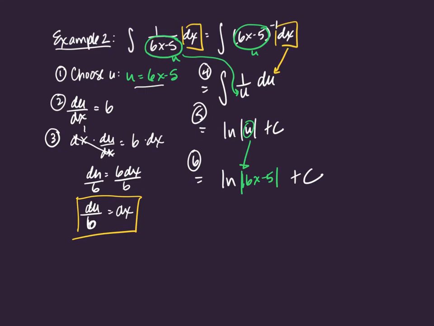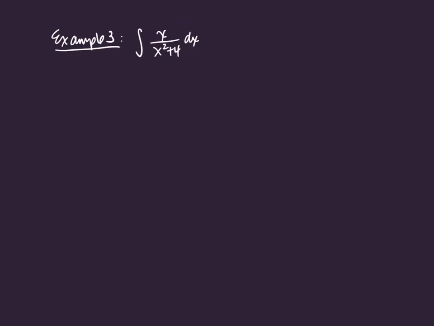Let's try another one. Here we've got x over x squared plus 4. And again, if you like, you can write this as x times (x squared plus 4) to the -1 so that they kind of look like the ones we had done before. But remember, we have to notice that because we've got a -1 here, we can't use the other rule. So we're going to choose our u.